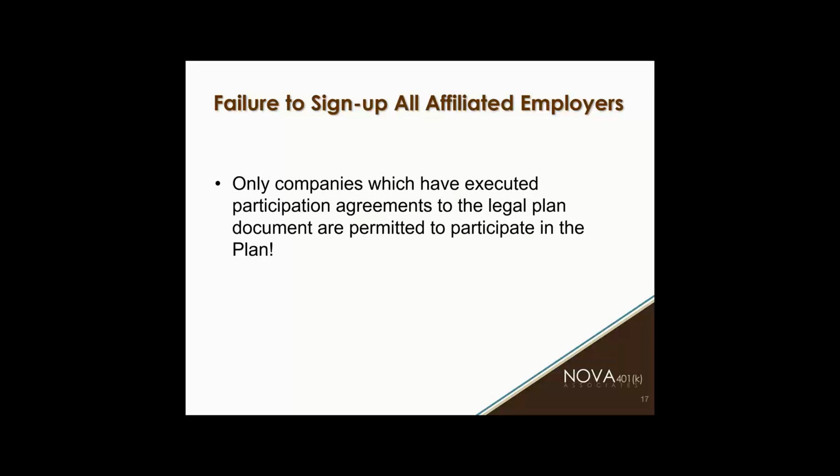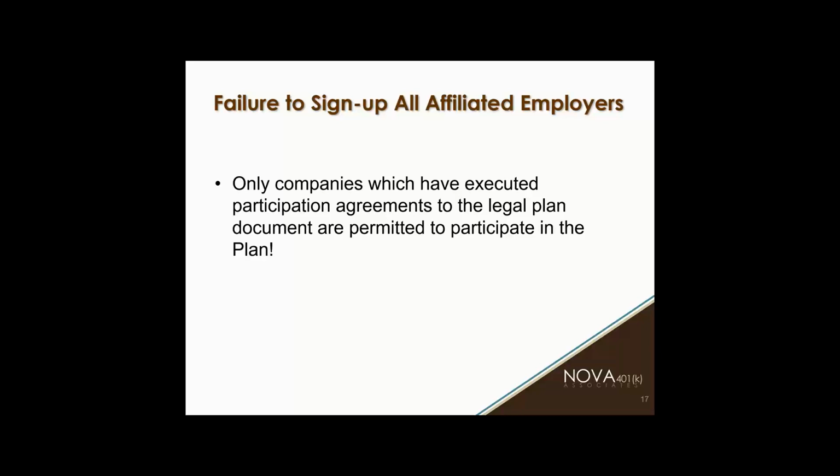Another common problem is the failure to sign up all of your affiliated employers. So many companies have other employers that have co-ownership. One thing to keep in mind is only the companies that have executed a participation agreement for your 401k plan, the legal plan document, are permitted to participate in your plan.